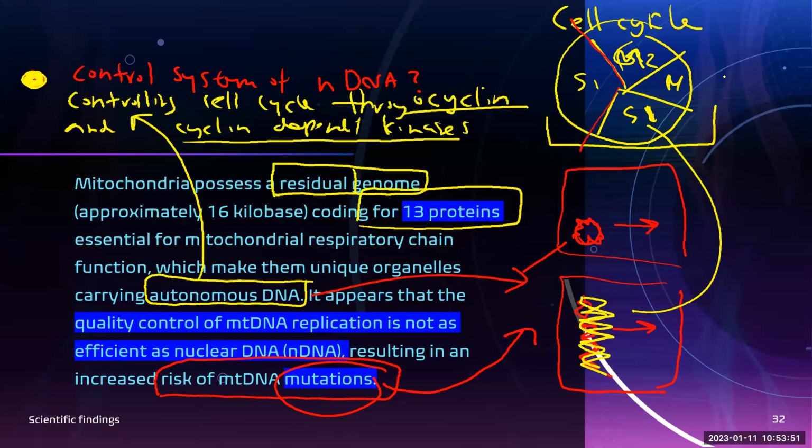Mitochondria possess a residual genome of approximately 16 kilobases coding for 13 proteins essential for mitochondrial respiratory chain function, which makes them unique organelles carrying autonomous DNA. It appears that the quality control of mitochondrial replication is not as efficient as for nuclear DNA, resulting in an increased risk of mutations.